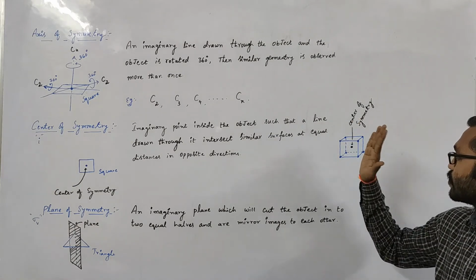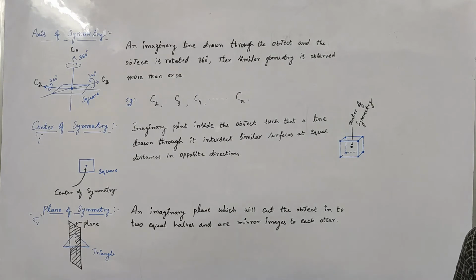Right? 1. Top face, bottom face: 2. Left face, right face: 3. Are any faces left? If I pass it through the top face and bottom face, it goes through the bottom and top as well. So 2 faces give only one plane. So XY plane, YZ plane, ZX plane. That's it. This is one plane, this is one plane, this is one plane. So 3 planes of symmetry are possible for a simple cube, right?